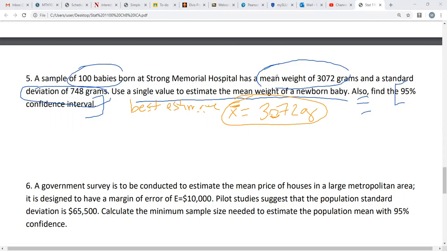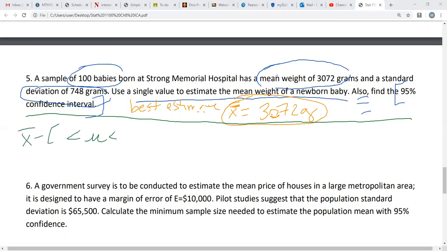It says also find the 95% confidence interval. I'll draw a line here just to separate it. Remember to find our interval, we're saying that mu, because we're talking about mean, is between x bar minus e and x bar plus e. We know our x bar value because we were given that value directly.